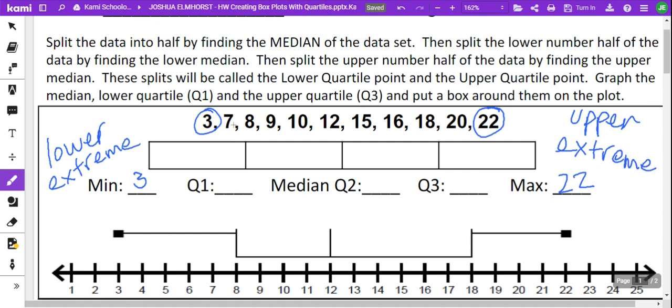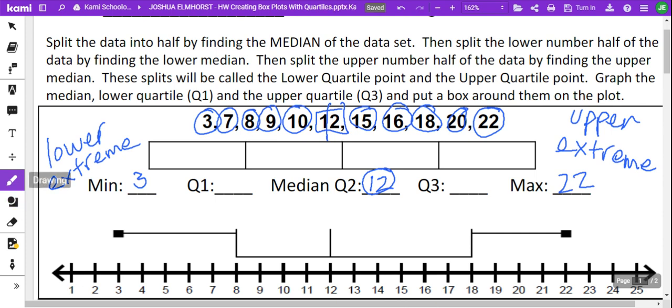And let's find the median. Just working from the outside in, we're going to go left, right, left, right, left, right, left, right, middle. That is going to be the split in the middle, otherwise the second quarter median of the data set. So we got 12 right here.